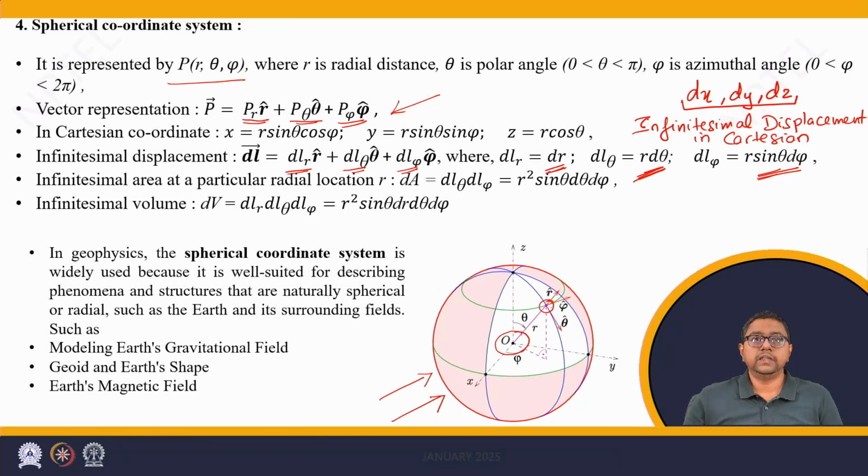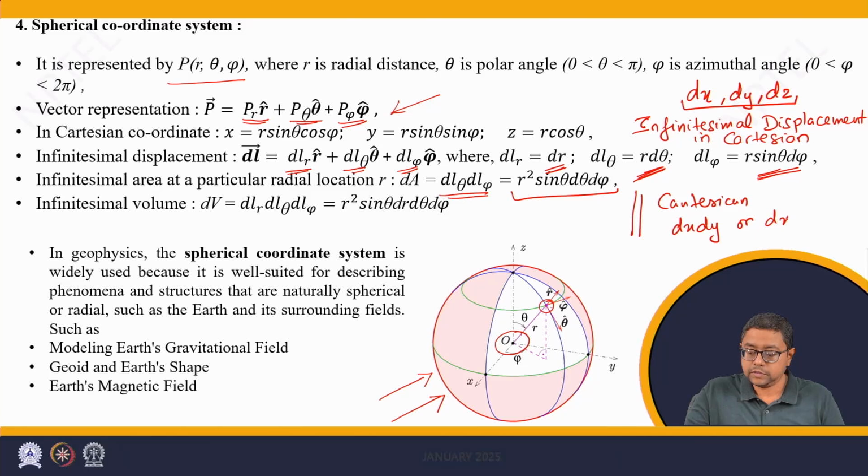Now similarly, the infinitesimal area at particular radial locations is given by dl theta dl phi, which becomes r square sine theta d theta d phi. Corresponding Cartesian systems will have an infinitesimal area that can be represented by dx dy or dx dz.